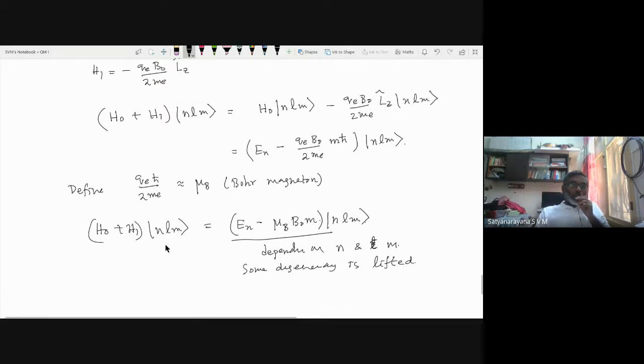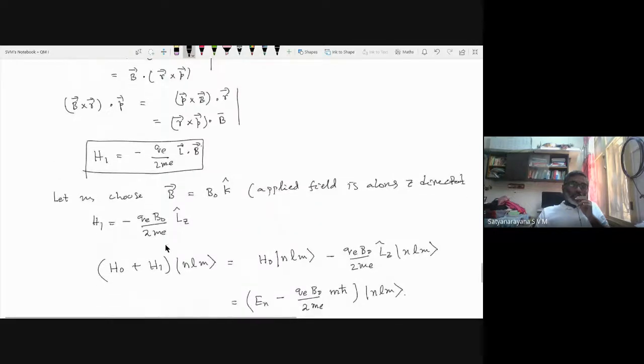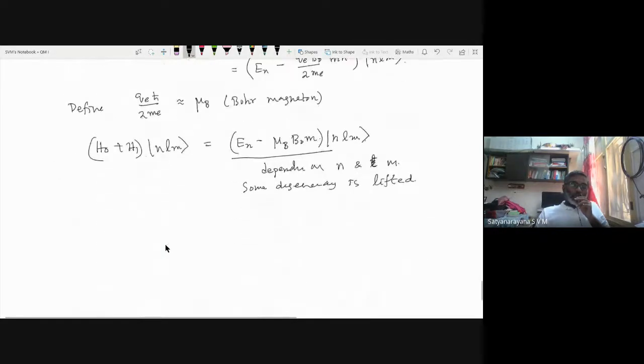Now, if you look at the next term, you can also see that this term is much smaller. Okay, so your mu B, as you have seen, mu B is equal to QE into H cross by twice ME. Okay, so this is very small.